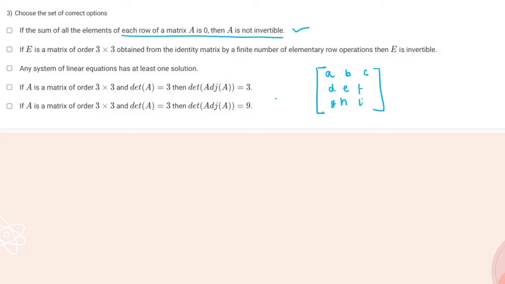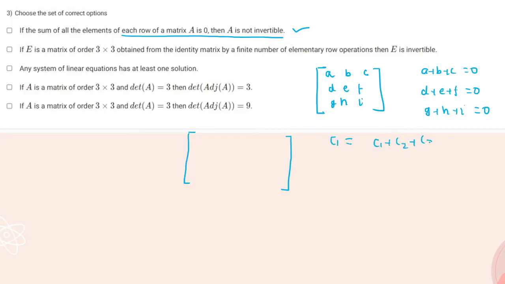It is stating that the sum of all the elements of each row is 0, that means a plus b plus c is 0, similarly d plus e plus f is 0 and g plus h plus i is equal to 0. In any matrix we can apply any row or column operation. So let us suppose I apply column 1 as column 1 plus column 2 plus column 3.